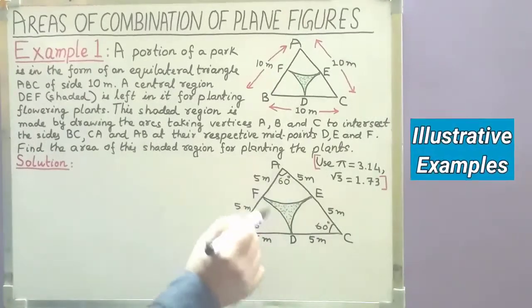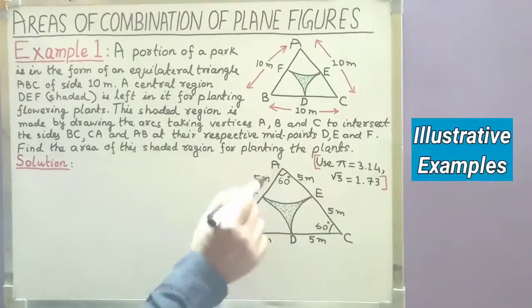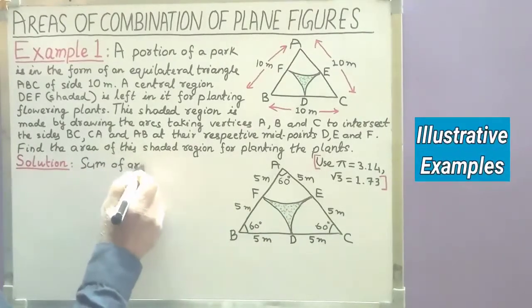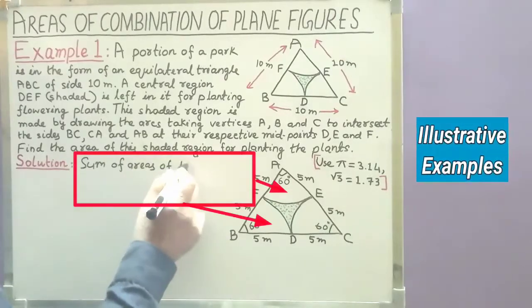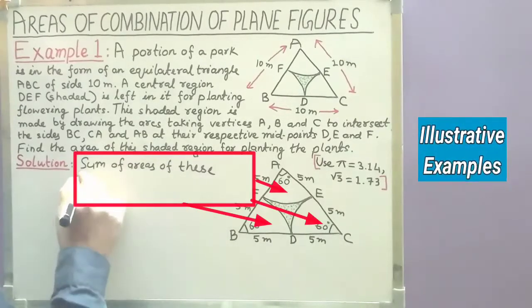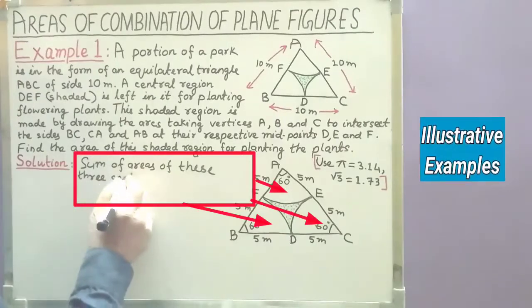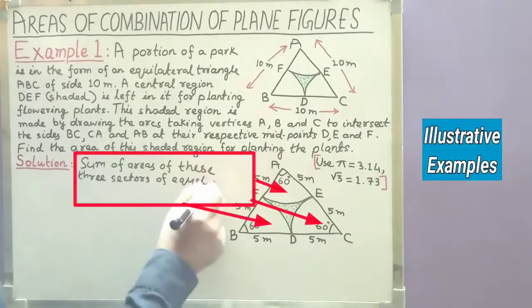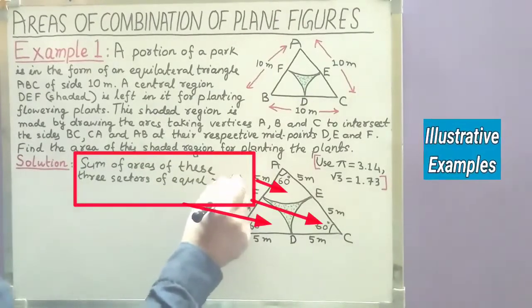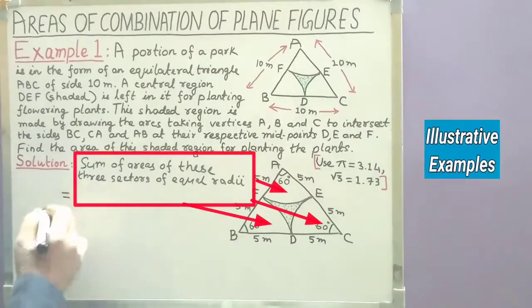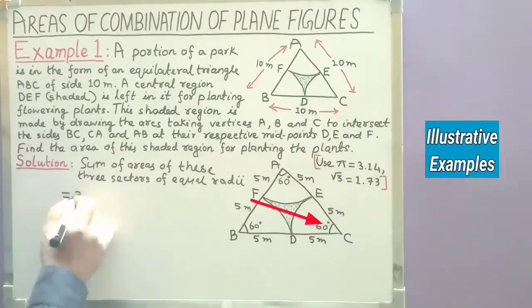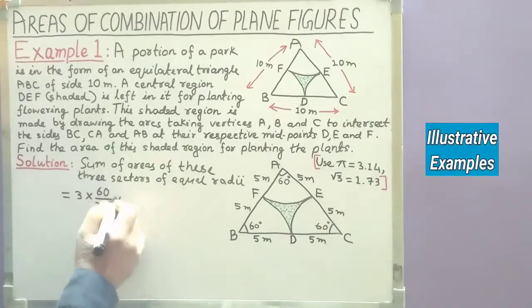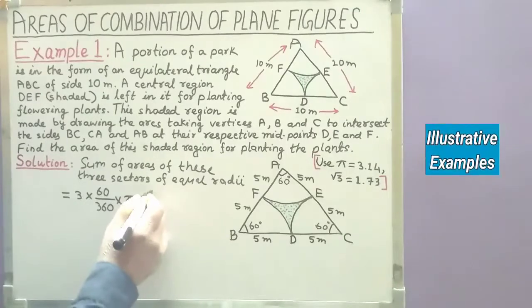Now let's find the areas of these three sectors. Sum of the areas of these three sectors of equal radii is equal to 3 into 60 upon 360 into pi into 5 square meter square.